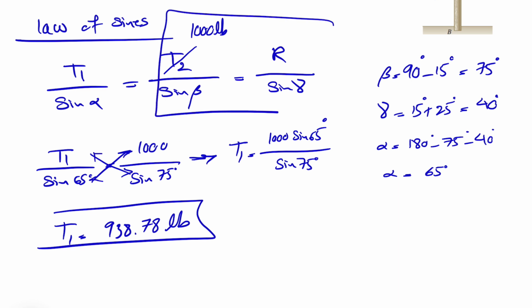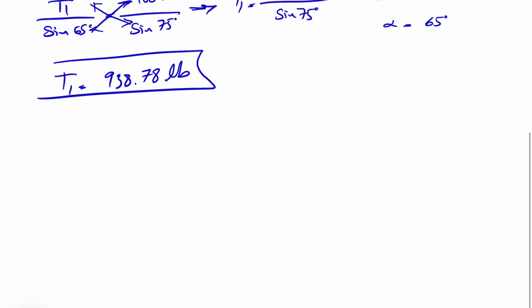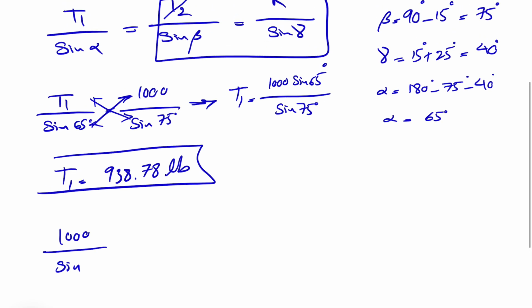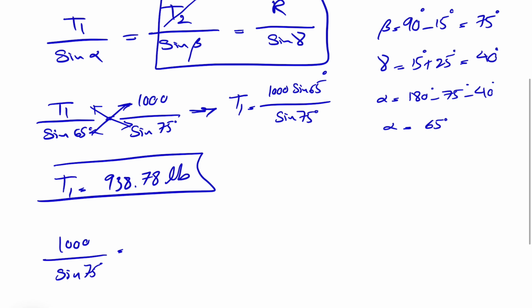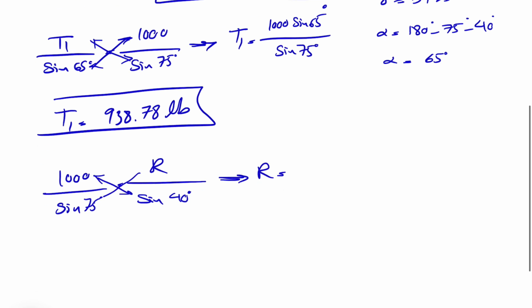For finding R, we can pick these two. So 1000 over sine of beta, which was 75 degrees, is equal to R, the second unknown, over sine of gamma, which is 40 degrees. If we cross multiply these, we have 1000 times sine of 40 is equal to R times sine of 75.